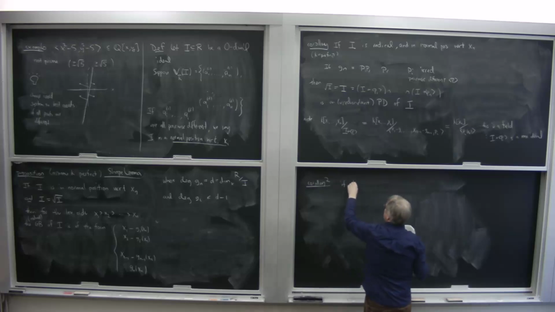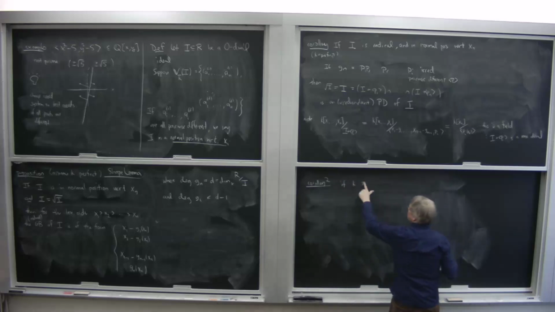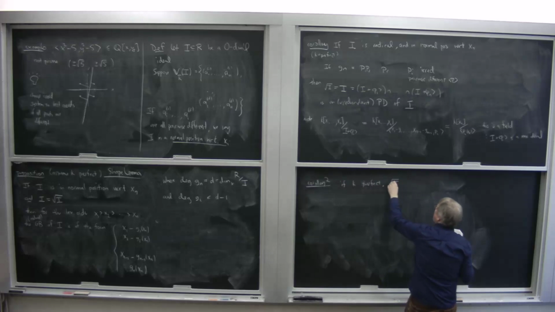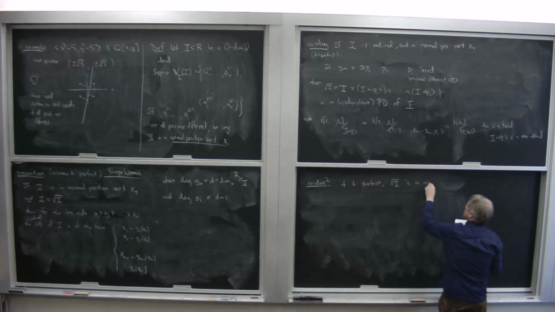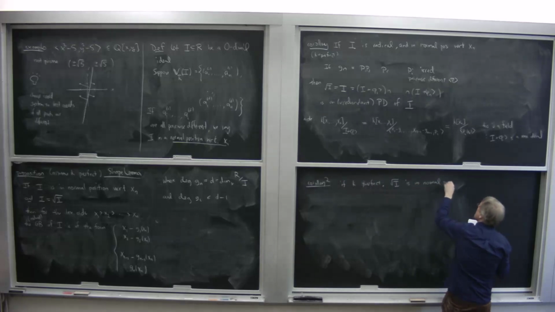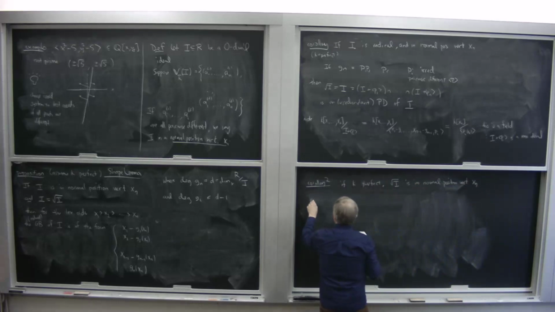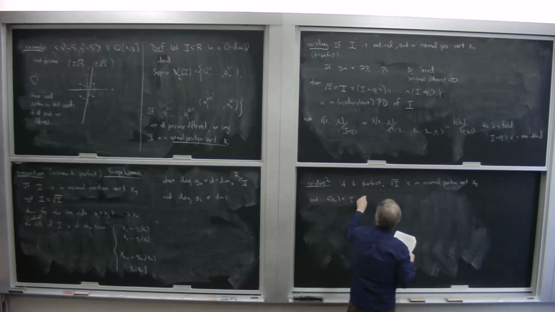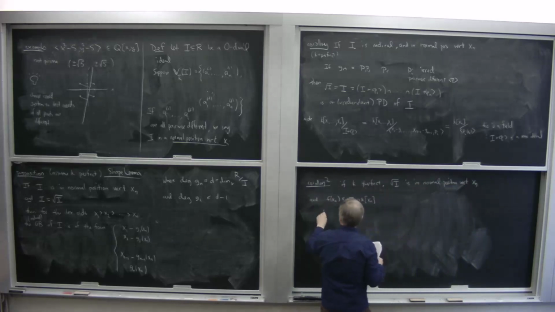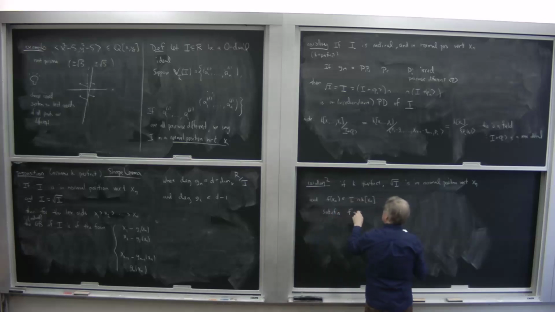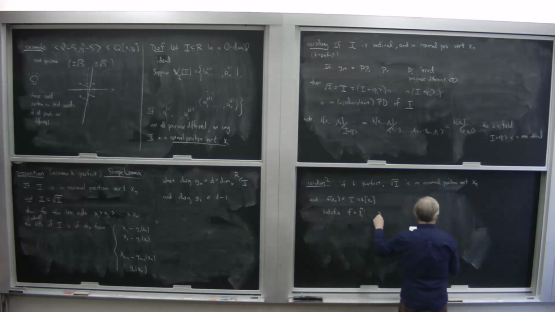If K is perfect, and radical of I is in normal position, that might be a little harder to figure out, with respect to xn, and f of xn is in I intersect K of xn, satisfies, and now we factor it. F is equal to P1 to the M1 dot dot dot PR to the MR.